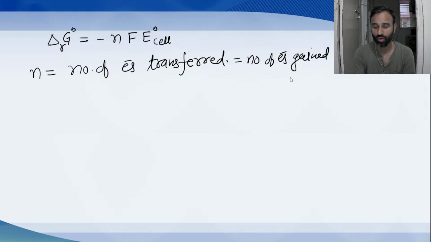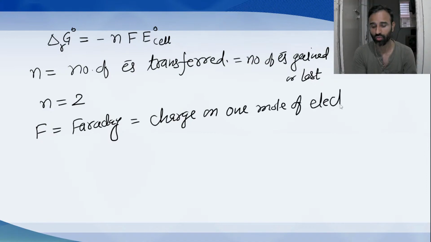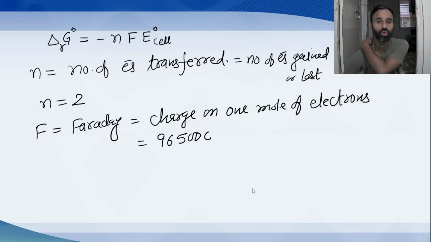And F is Faraday, the charge on 1 mole of electrons. The charge on 1 mole of electrons is approximately 96500 coulomb.